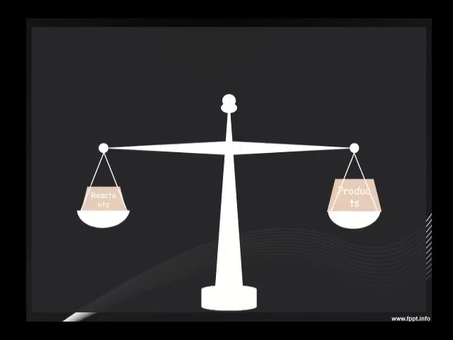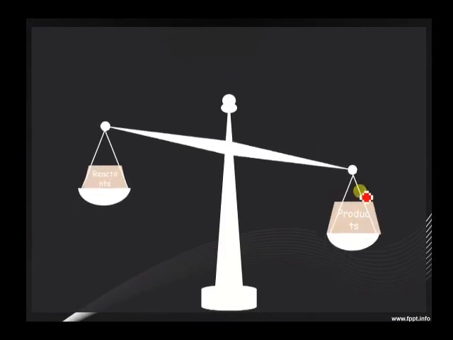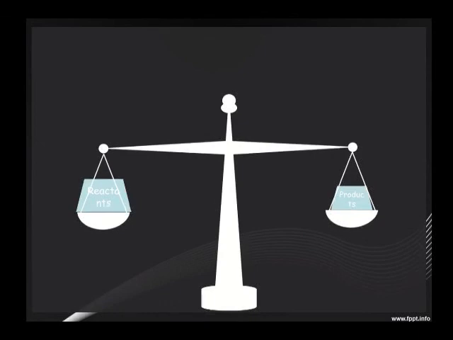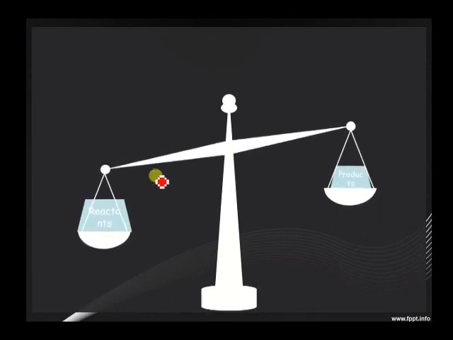Basically, all in all, if you add stress to one side of the reaction, it is going to progress in the opposite direction to balance it out. So if you add stress in the products, it's going to balance out toward the reactants. If you add to the reactants, it's going to balance itself out toward the products, and vice versa.